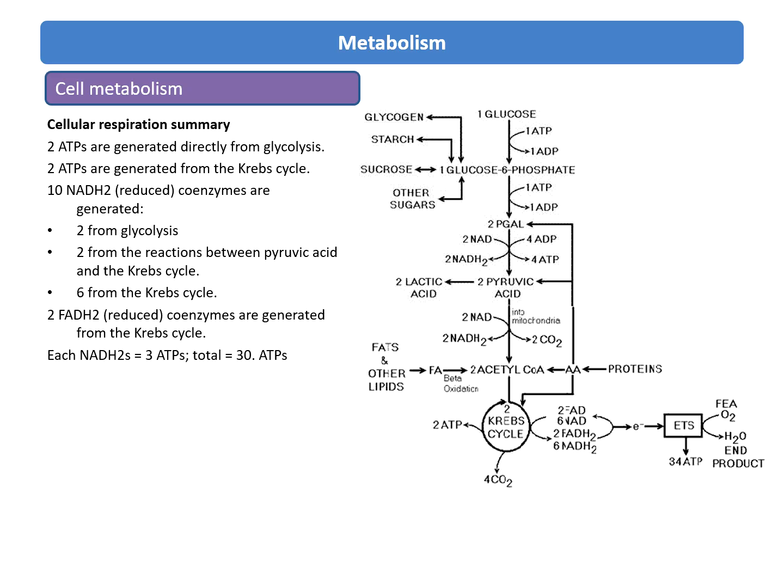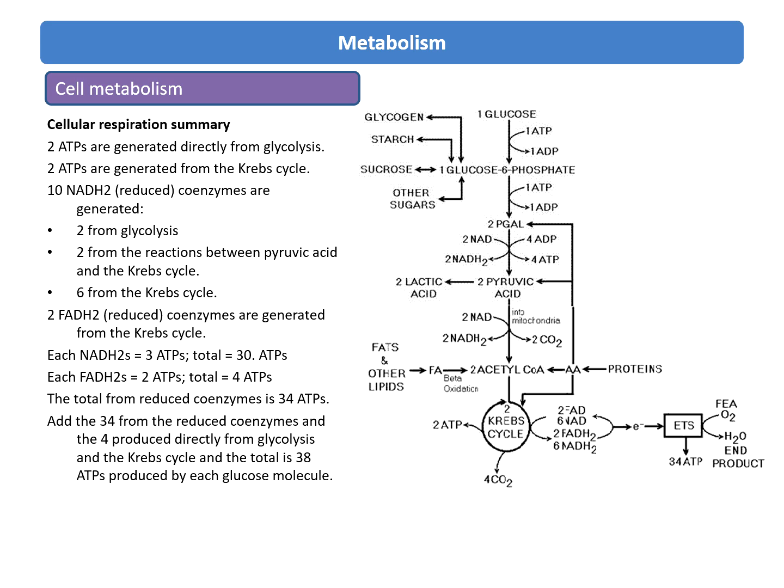Each NADH2 is transformed into roughly 3 ATPs for a total of 30. Each FADH2 is transformed into roughly 2 ATPs for a total of 4. Therefore, the total from the reduced coenzymes is 34 ATPs worth of energy.